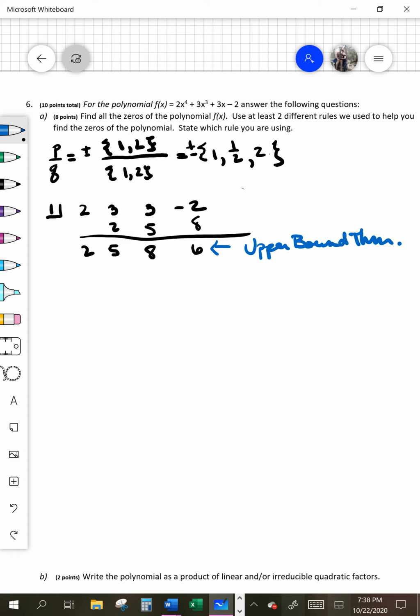And so we can exclude positive 2. So let's try 1/2. Oops, actually I forgot my 0. So we need to actually go back in and put in that 0. And I told you that we needed to do that and I didn't do it. So let's go back. I believe it's still an upper bound.